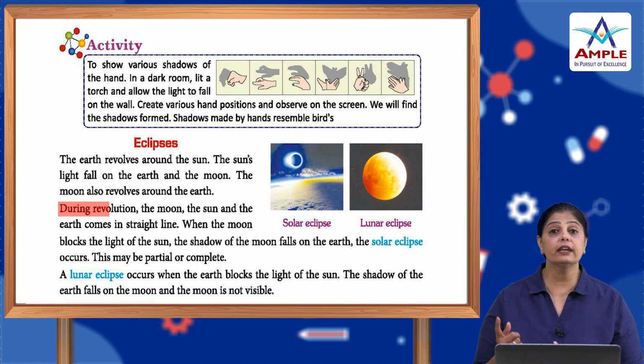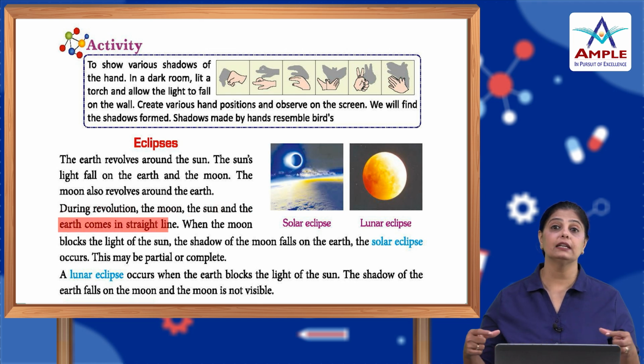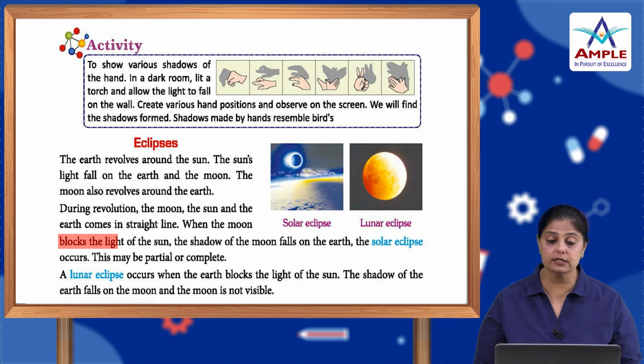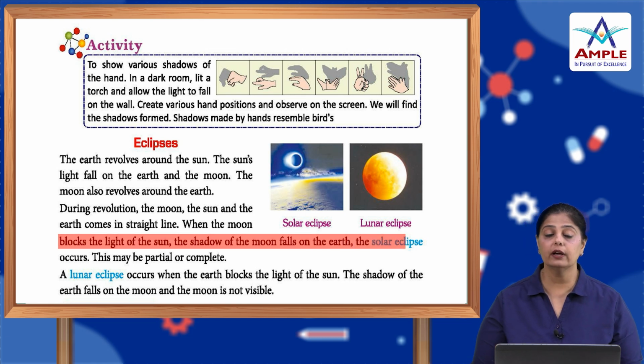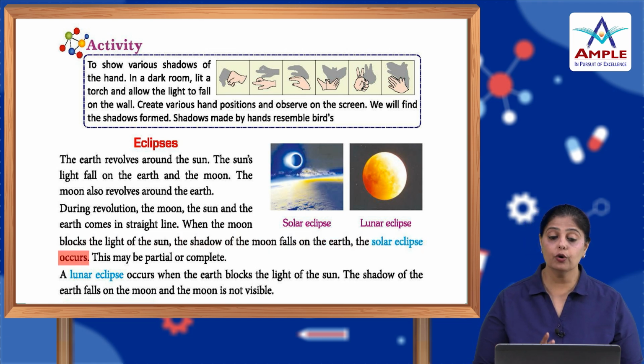Now during the revolution, the moon, the sun and the earth all come in a straight line. When the moon blocks the light of the sun, the shadow of the moon falls on the earth. The solar eclipse happens. So when does the solar eclipse happen?